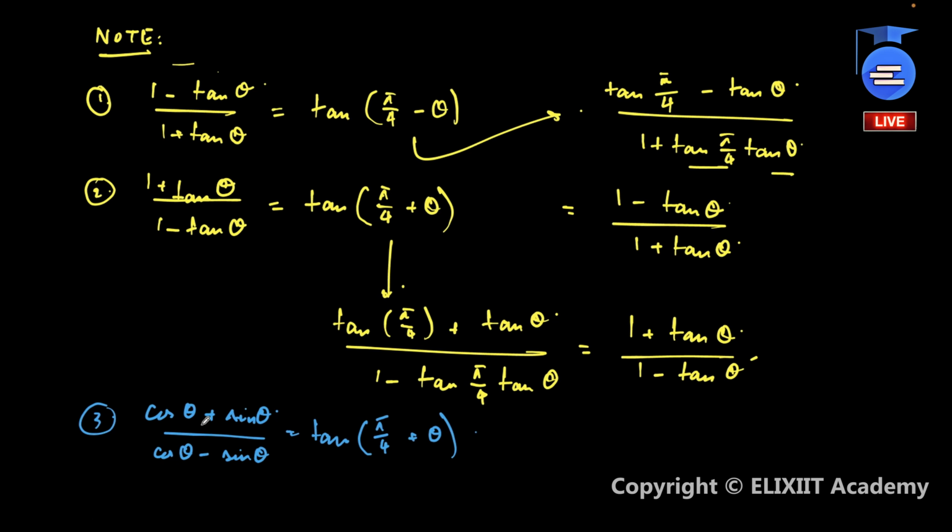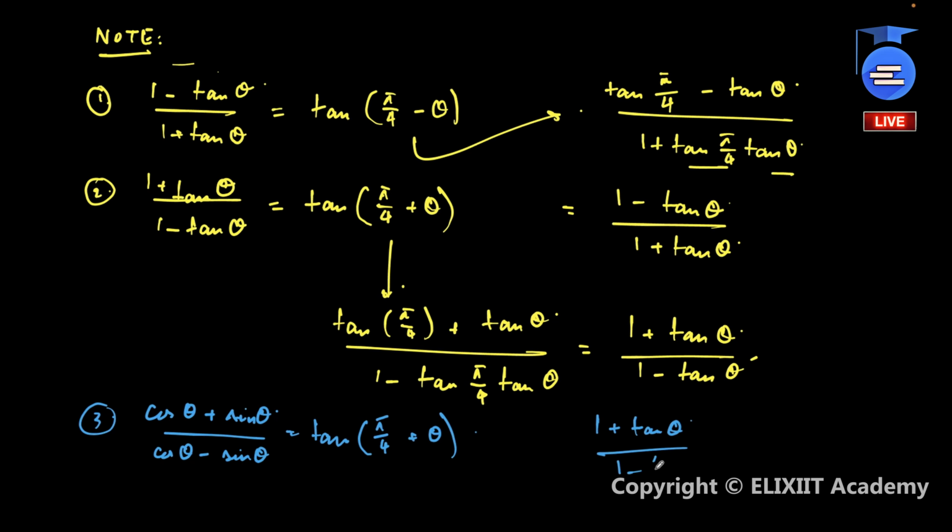Again, a simple proof. Cos theta plus sin theta divided by cos theta minus sin theta. If you divide by cos theta in the numerator and the denominator individually, what you will get?